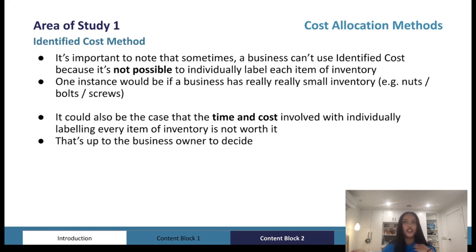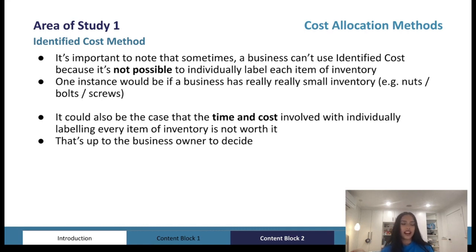They have to get one of their employees to sit and add a tag or a sticker onto the inventory, and you have to pay that employee for those hours where they're just sitting there sticking tags and labels onto your inventory, which, depending on your range and how much inventory you have, could take hours and hours and hours.